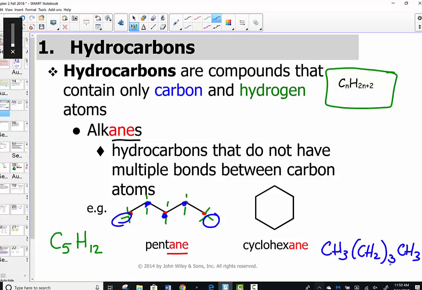What about this structure? I count 1, 2, 3, 4, 5, 6 carbons, and I see that prefix hex, hexa. That prefix we're learning will stand for 6 carbons. That's the prefix for the number 6. What about the term cyclo?